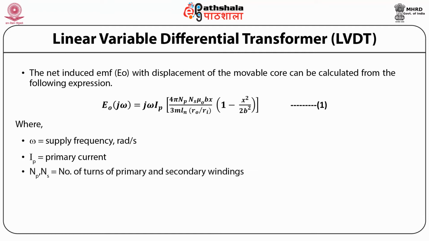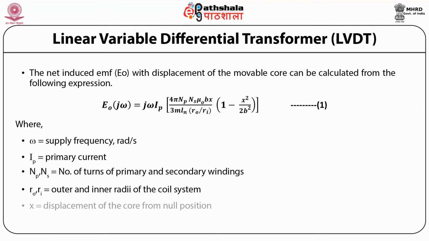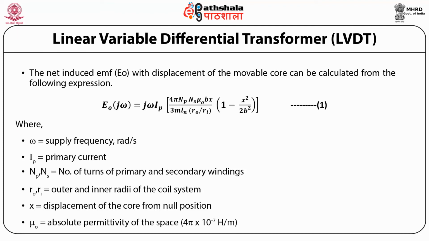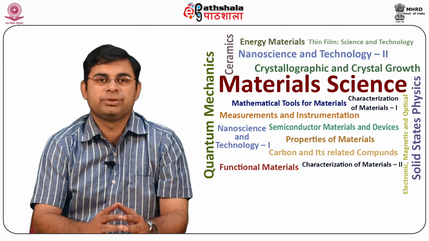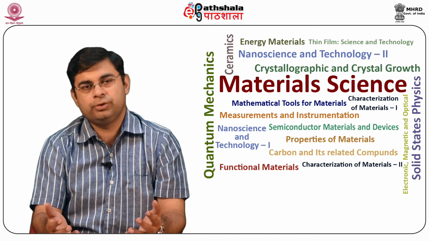NP and NS are the number of turns of the primary and the secondary windings. R0 and Ri are the outer and inner radii of the coil system. X is the displacement of the core from the null position. Mu naught is the absolute permeability of free space, that is 4π × 10^-7 H/m. At the null position, the output voltage is not zero.